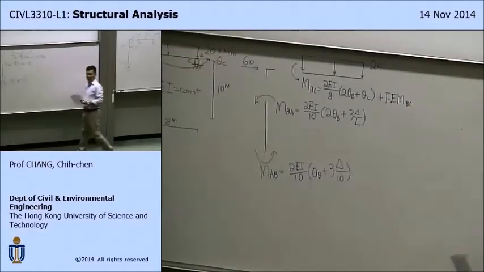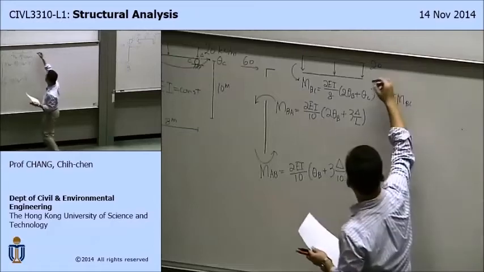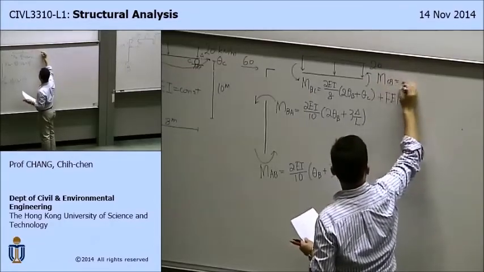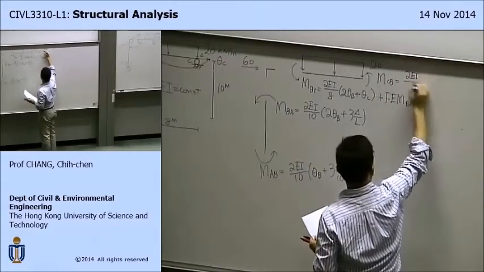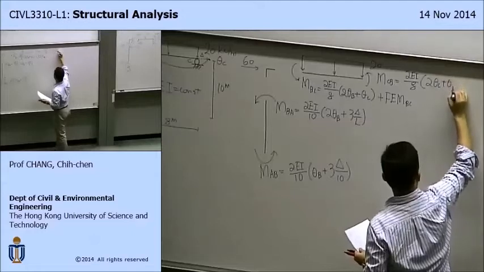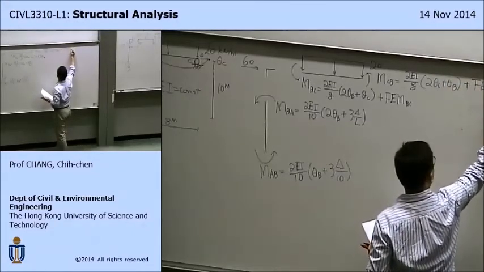UDL is WL squared over 12. And finally, this end, this is MCB, 2EI over L, 2 theta C, 1 theta B, no rigid body rotations, fixed end moment CB.